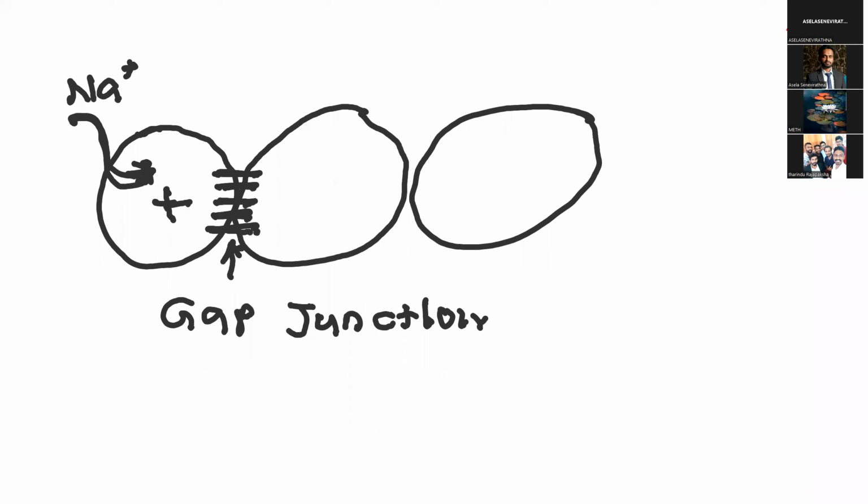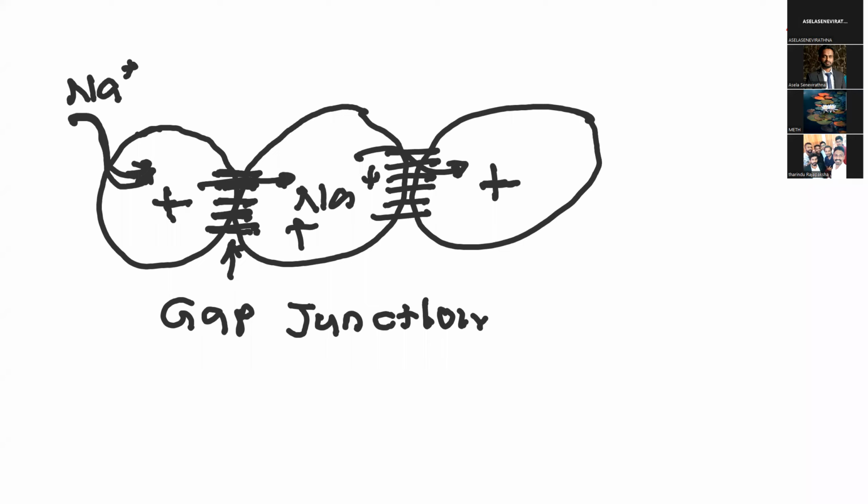Through this gap junction the sodium comes into this cell. Then this cell converts into positive. Again, this is a negative cell, and this sodium comes into this cell using the gap junction. These cells again convert into positive.